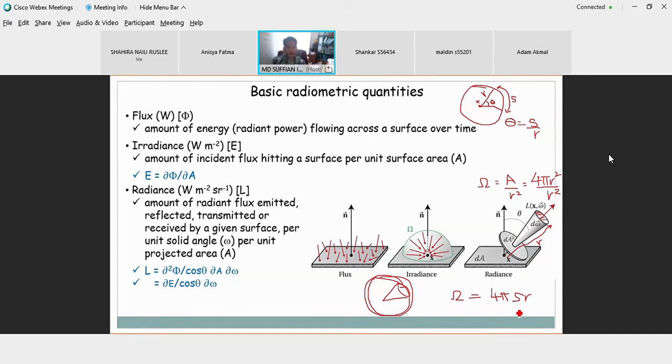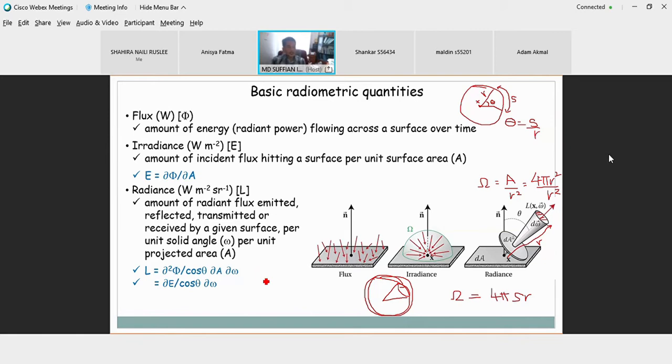Itu yang kita panggil sebagai solid angle, a 3D angle of a sphere. Unit dia adalah steradian. Kalau a 2D angle of a planar, kita panggil sebagai radian. So the difference between radians and steradian.